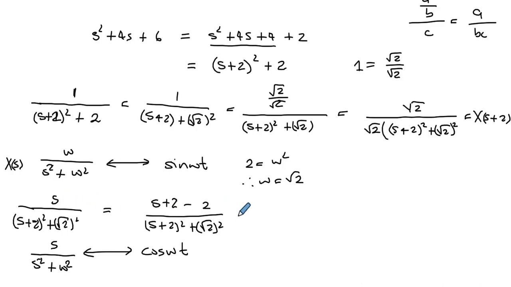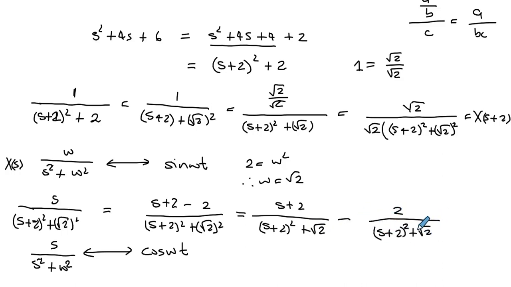And this is actually equal to s. But this takes us to splitting this into (s plus 2) all over (s plus 2) squared plus square root of 2 squared, and on this side we've got minus 2 all over (s plus 2) squared plus the square root of 2 squared. So now if you look at this expression, it takes us back to this kind of problem which we had here, where we had omega in the denominator but no omega in the numerator.